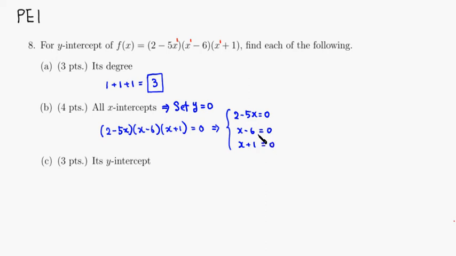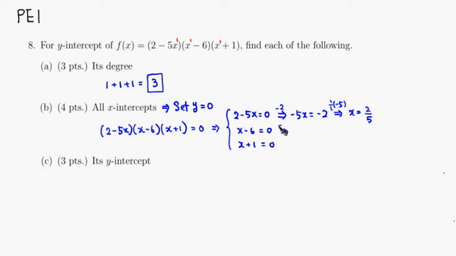For each one, we're going to get the x value. First thing I would do is subtract 2, so that gives you negative 5x is equal to negative 2. Then, to isolate x, we divide through by negative 5. We get x equal to negative 2 divided by negative 5, negative is positive, so 2/5 is one of the x-intercepts. This one is pretty easy.